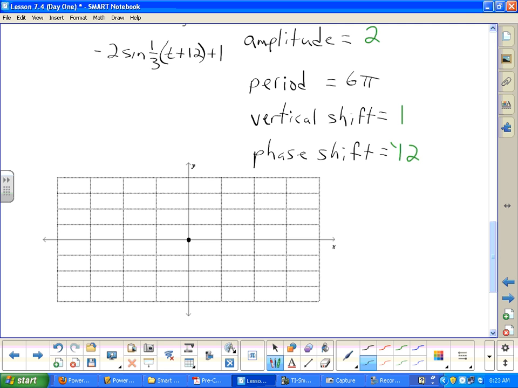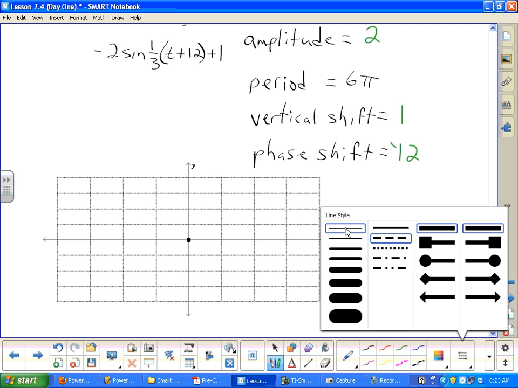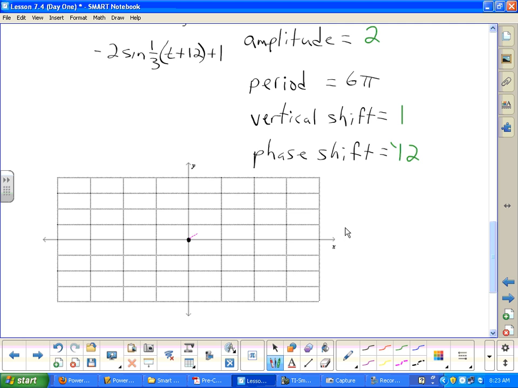So think about the sine graph. Let me just draw the graph of sine in here just for a second to help us out. Let's go by 1. So there's kind of our sine graph. The vertical shift of 1 means that I'm going to take the center of this graph and move it up to 1, and then I'm going to stretch it out by 2's.